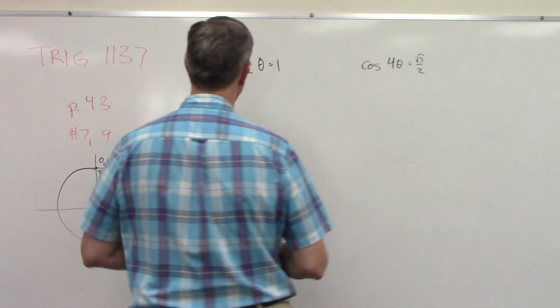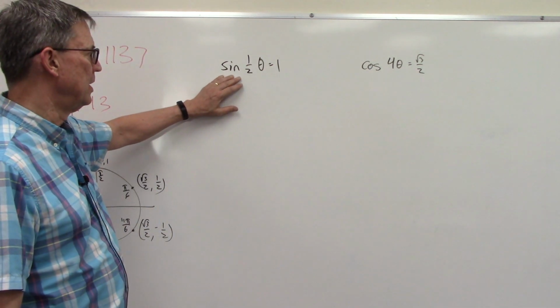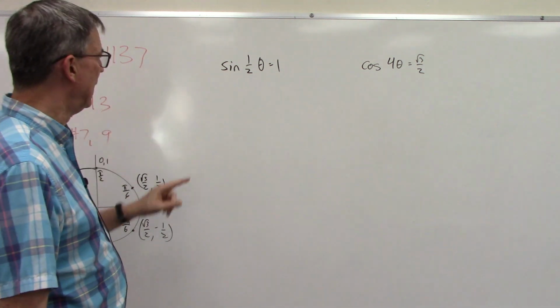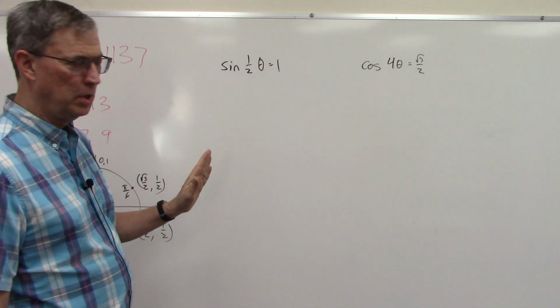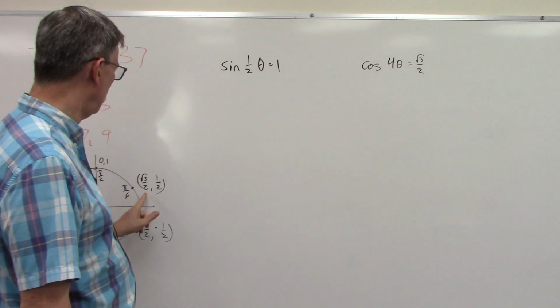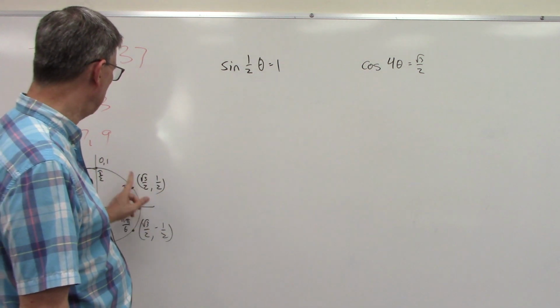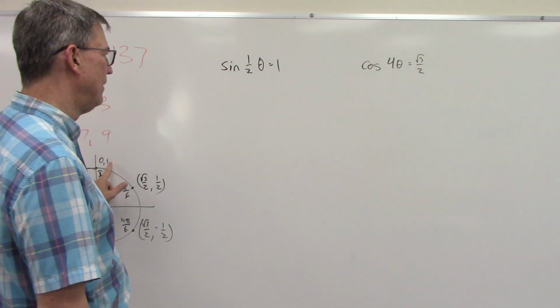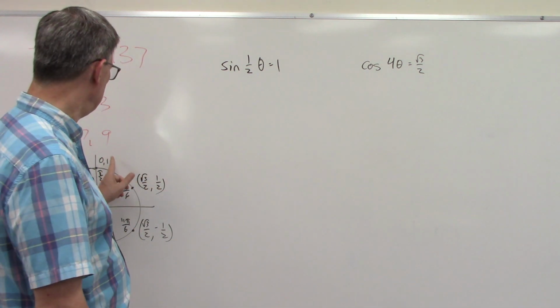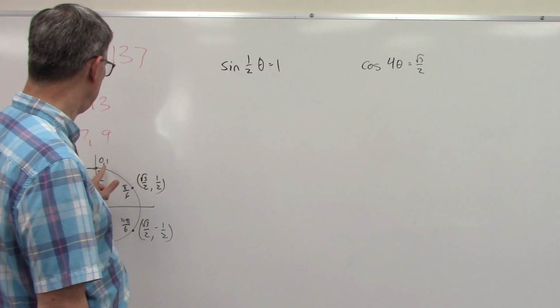So let's remember that when we're doing sine, we're always looking at the y value, okay? So in the ordered pair, we're looking at the second value, and we're trying to find where on here do I find 1 in the y place value.